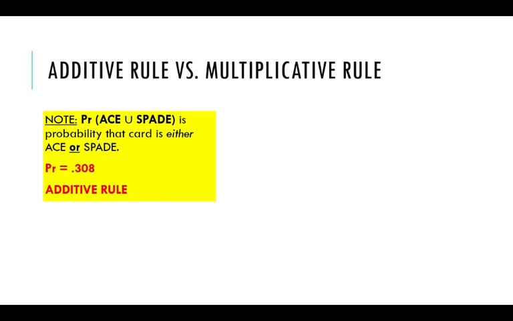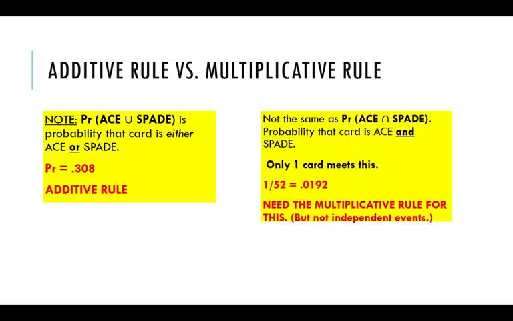So the additive rule, we want to know what's the probability of A or B. But that's not the same as what we see on the right. That's looking at the probability of an ace intersection spade. In other words, the probability that a card is an ace and a spade. On the left we're saying ace or spade. On the right we're saying ace and spade.